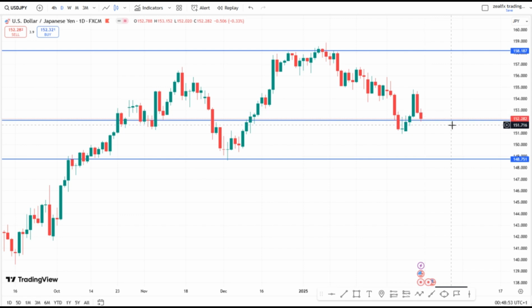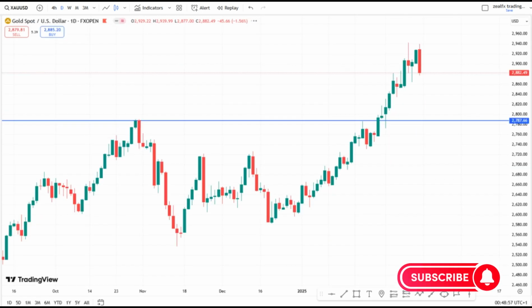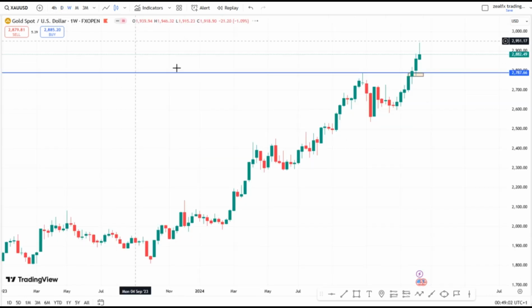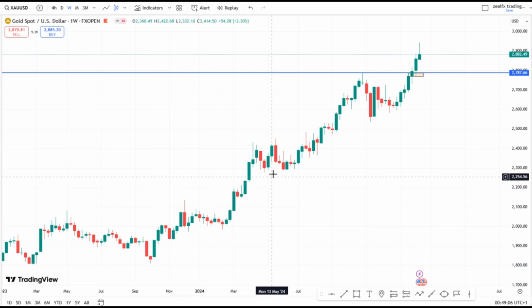So let's look at our next pair, which is the gold USD. Gold USD on my weekly chart still remains in an uptrend. You can see that we have a series of higher lows: a higher low, higher low, higher low, higher low. So long as we have this series of higher lows, we expect gold USD to continue to push higher this week.